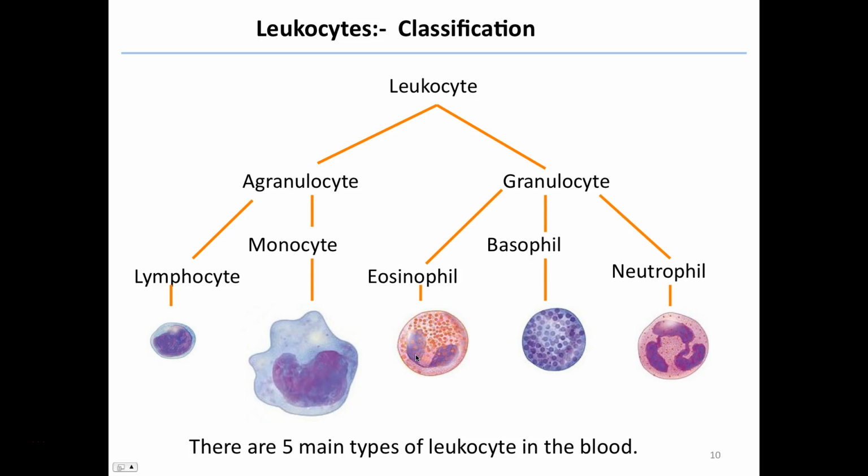Some of these leukocytes are very easy to find in blood specimens, while others are relatively rare. So when we talk about the most abundant type of leukocyte in the blood, there's a little rhyme: Never let monkeys eat bananas. Sounds a bit interesting, but what it means is neutrophils. Neutrophils have the highest abundance of the leukocytes in the blood.